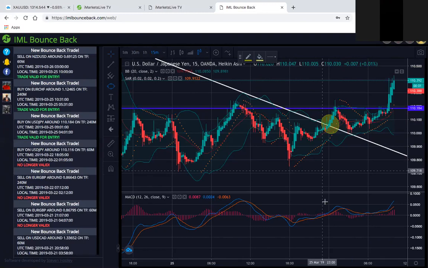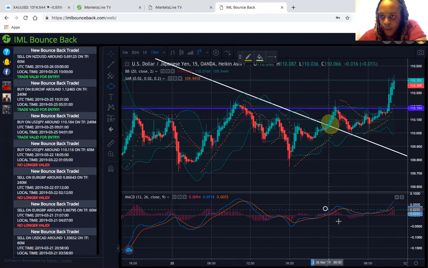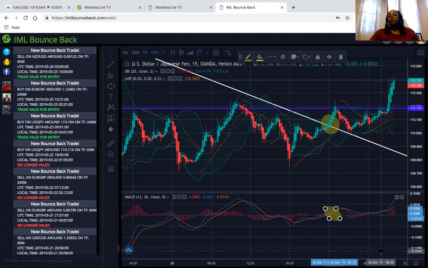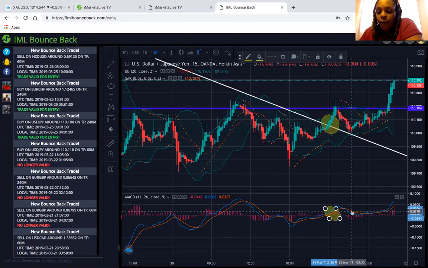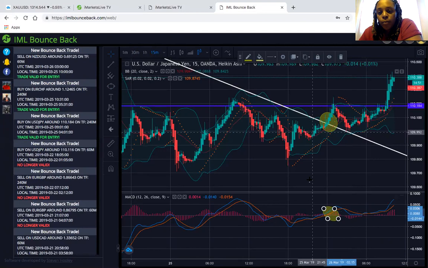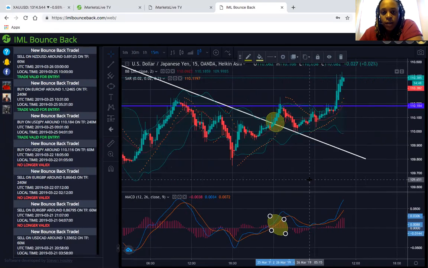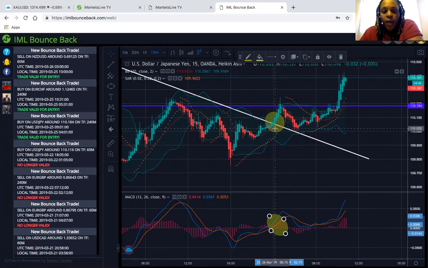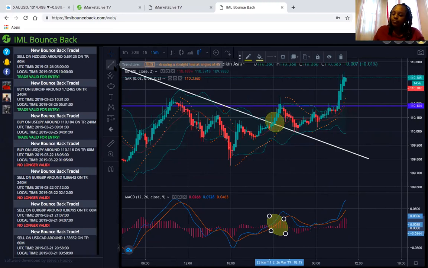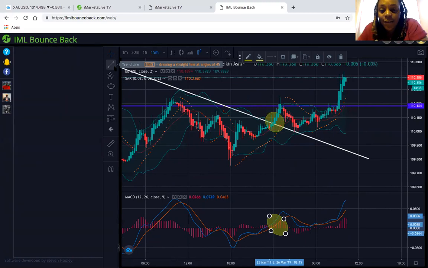Good. And then you have the break of the MACD here as well, right? So we have the confirmation of the uptrend. Now, one thing I'm going to touch on quickly is when the trade breaks a trend line, right? First of all, you need 2 touches to activate a trend line.